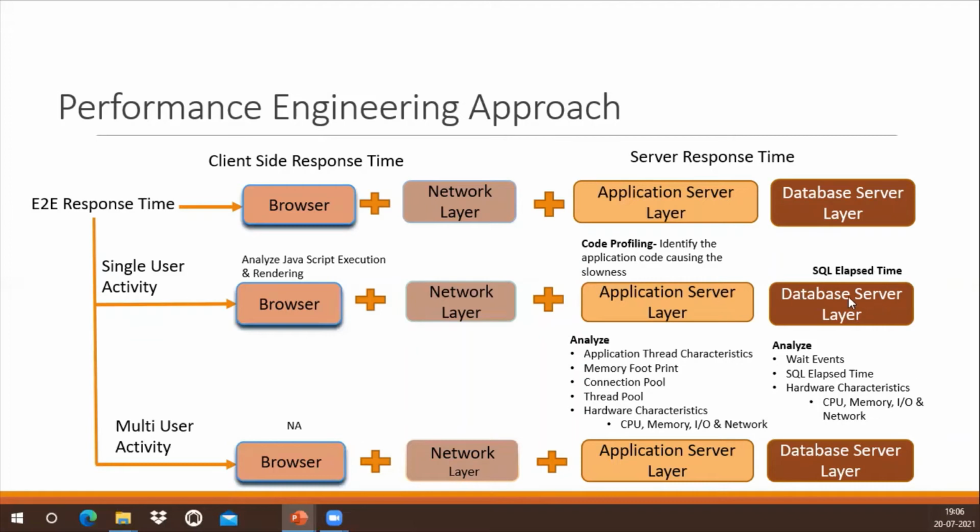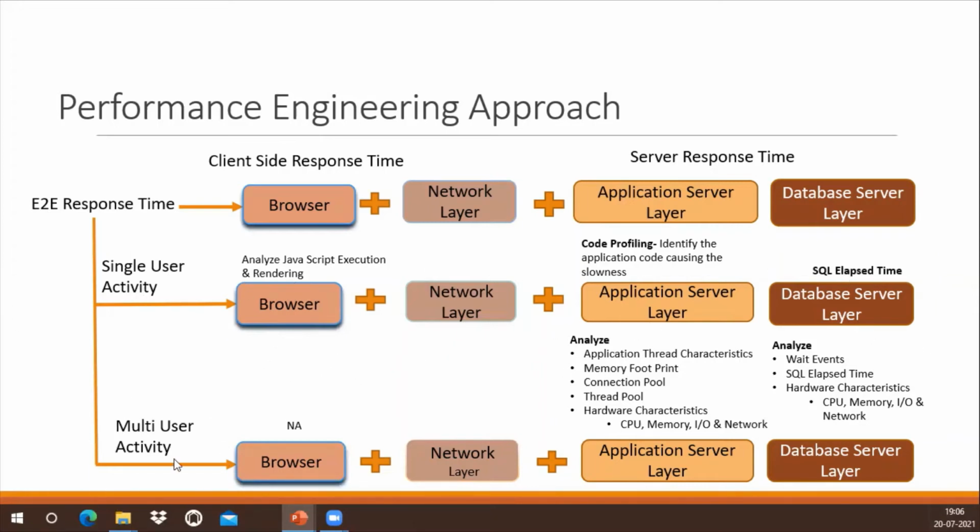These are the kinds of analysis we do while looking into the AWR reports or DB2 snapshot or something like that. This is the approach we can follow when we observe issues with the single user load.